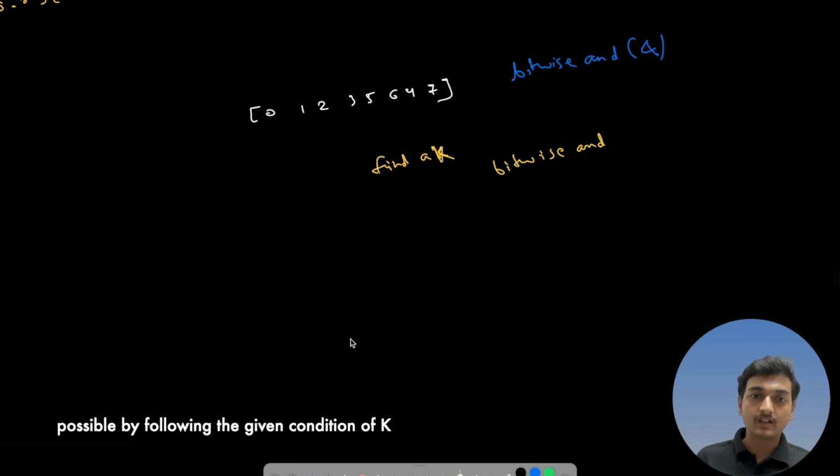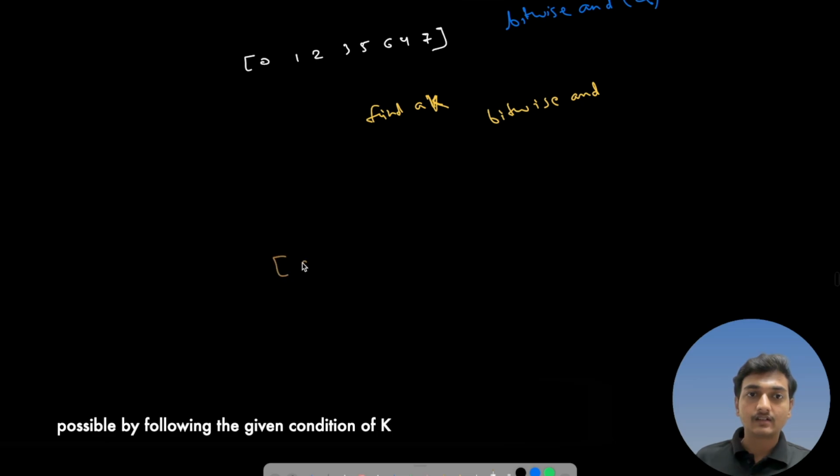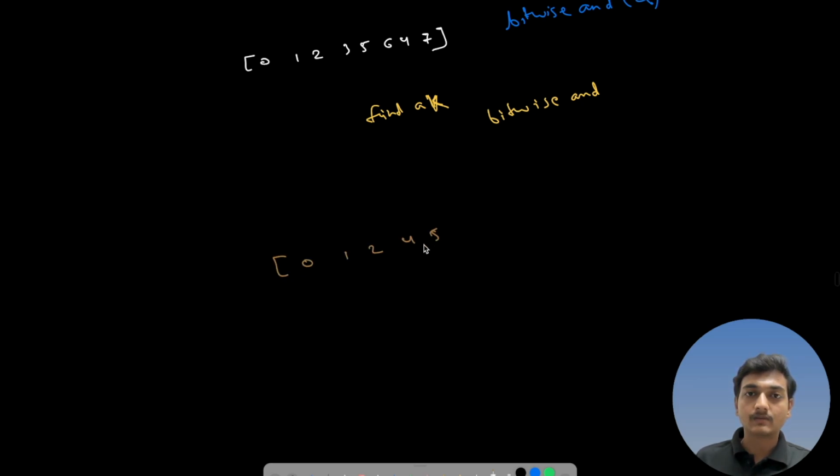Let me see that. So if I write some random array like this, let's say 0, 1, 2, 4, 6, 5, 4, 2.